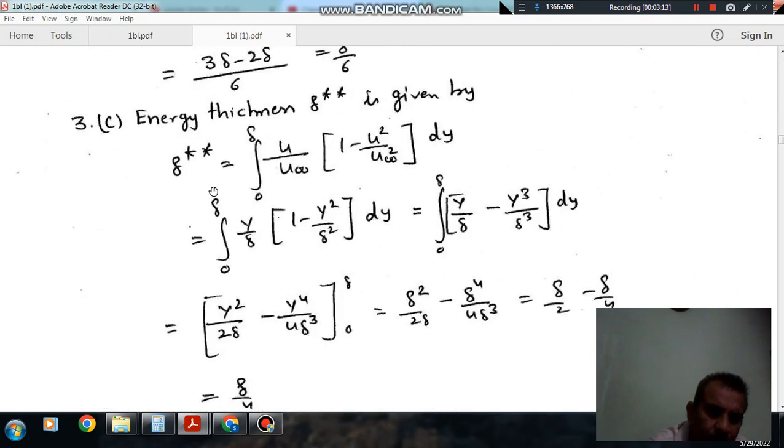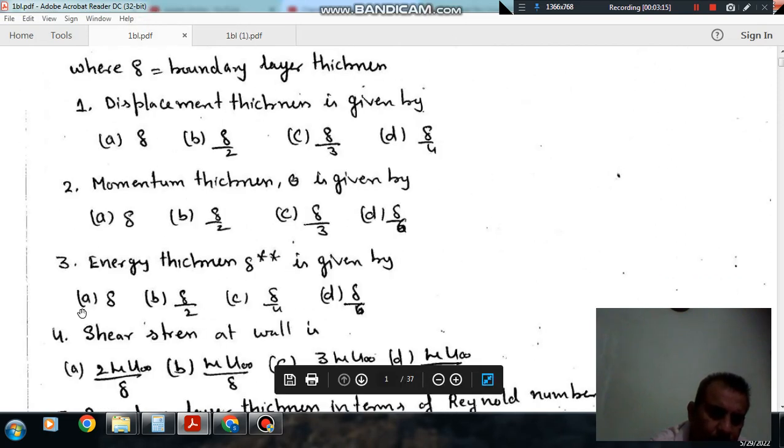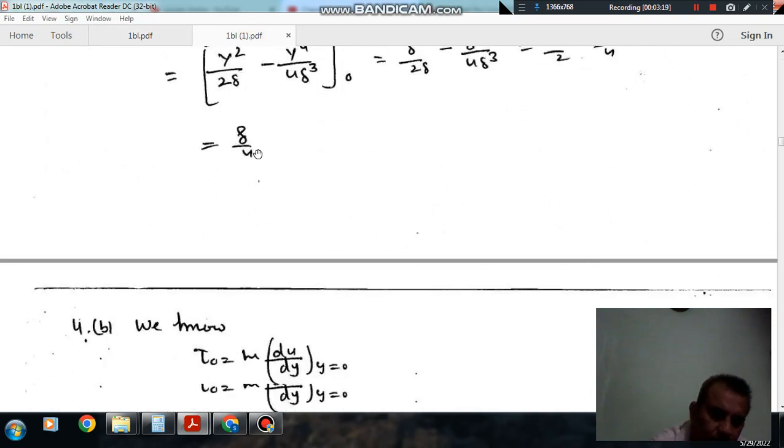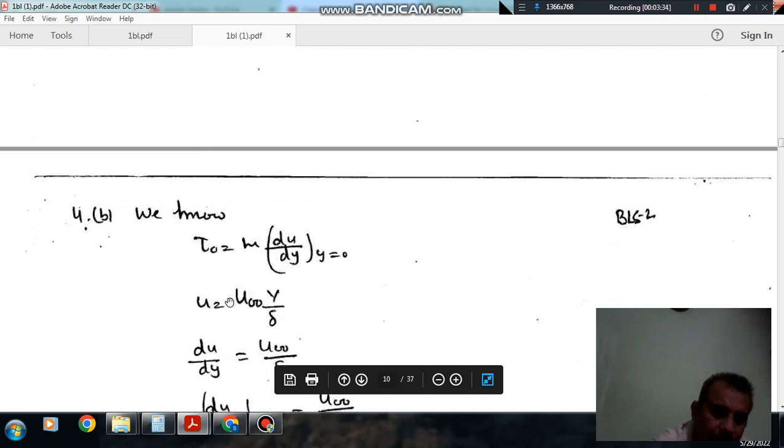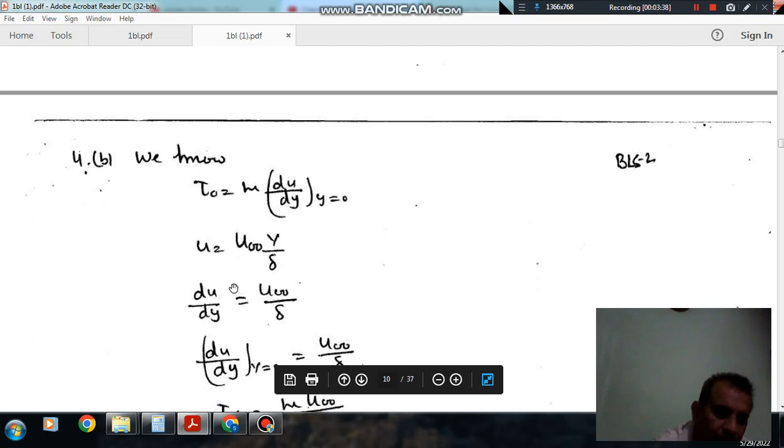Next, shear stress at the wall. Shear stress at the wall means y is equal to 0. From Newton's law of viscosity we have tau naught is equal to mu du by dy at y is equal to 0. That is the shear stress on the wall, and the velocity profile is given by u by u infinity is equal to y by delta. So du by dy is equal to u infinity by delta.